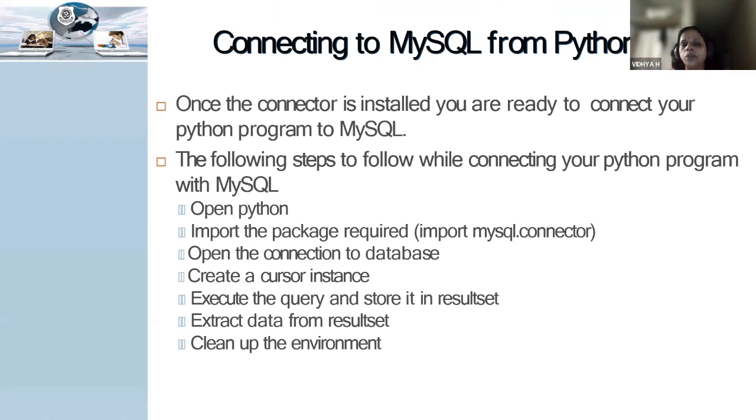When we talk about MySQL, it involves the connector, the cursor, then giving the query. Instead of explaining everything only with the code, first I will show a small demo of how Python and MySQL are connected and how our system starts working.